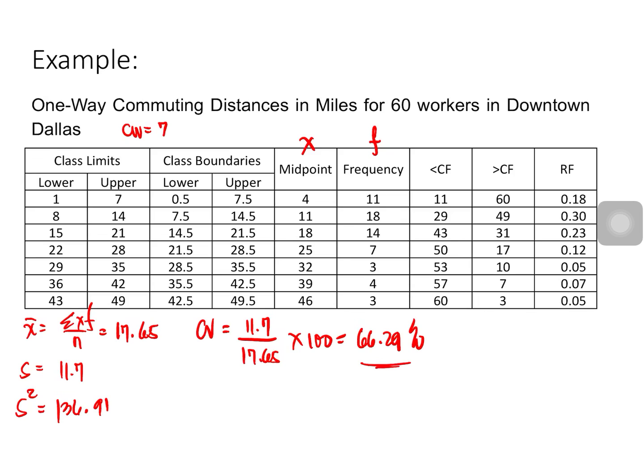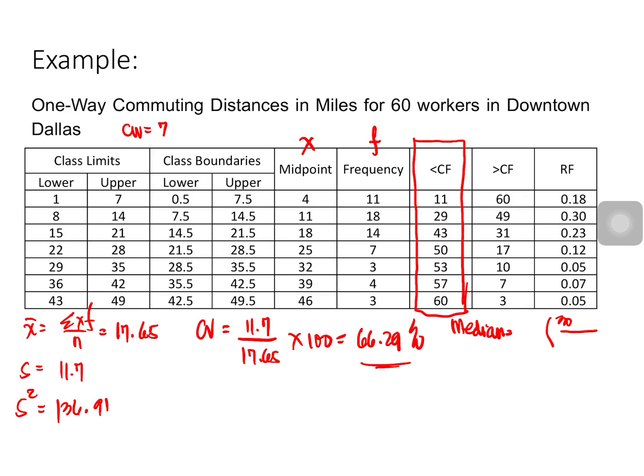Then, from this group data, let us compute the median. How are we going to compute the median? First, compute n divided by 2. N is 60 divided by 2, that is 30. We need to locate 30 in this column.